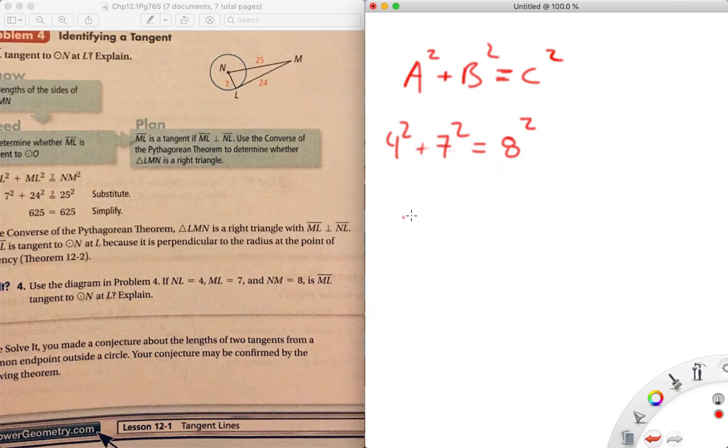Then I can say that ML is tangent to circle N. So 16 plus 49 equals 64. If that's true, then it's tangent. This gives me 65. And it does not equal 64. So it is not tangent.